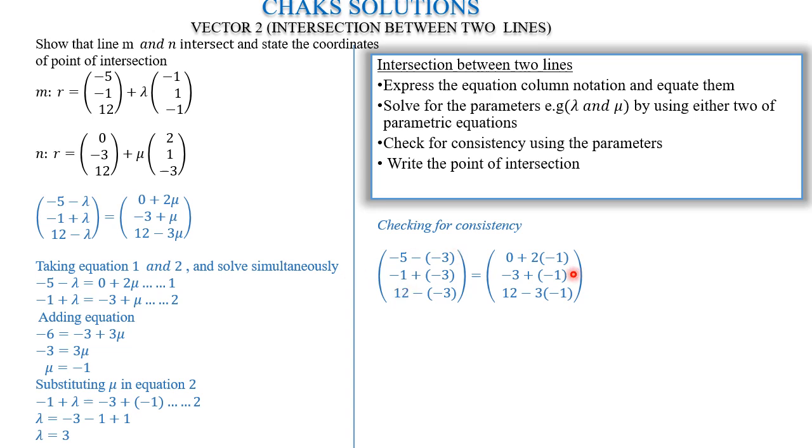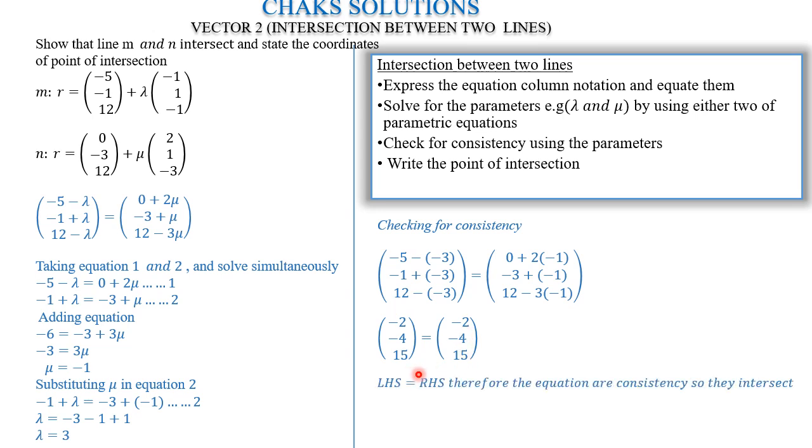Now you can see minus 2 equals minus 2, then minus 4 equals minus 4, and on the last part 15 equals 15. So the left hand side equals the right hand side, which means the equations are consistent, so they intersect.